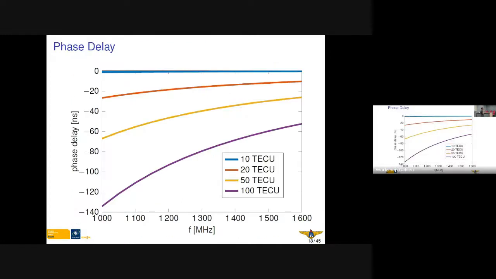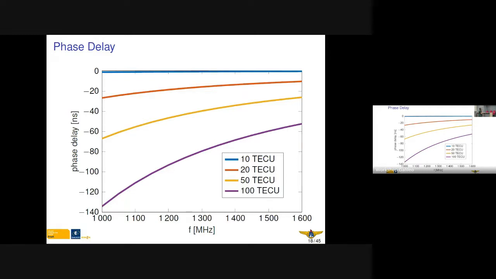I calculated this here based on this formula. We can see a little bit how this is dependent on the frequency, and I only use the frequency range in L-band, which is relevant for GNSS, so from 1 gigahertz to 1.6 gigahertz. And here, this is the phase delay that we can see for different values of TEC units, so 10, 20, 50, and 100.